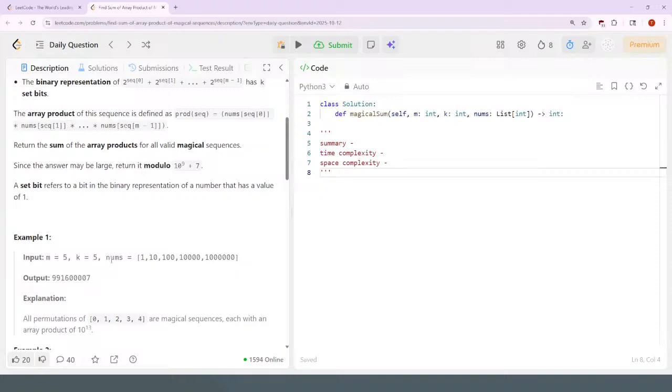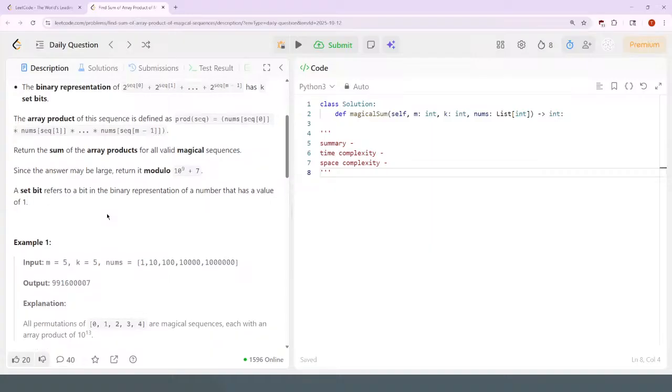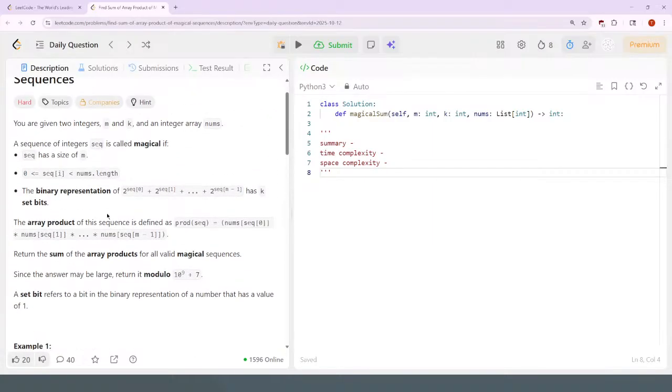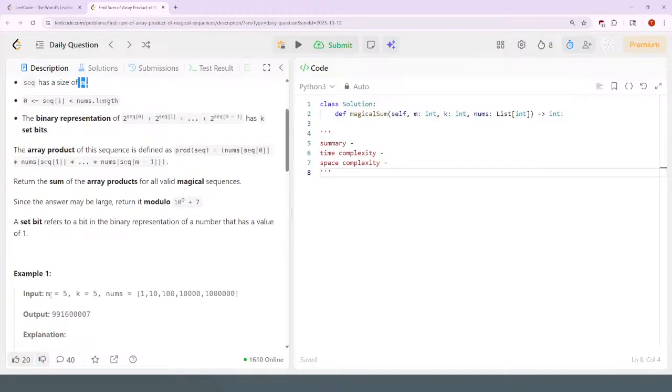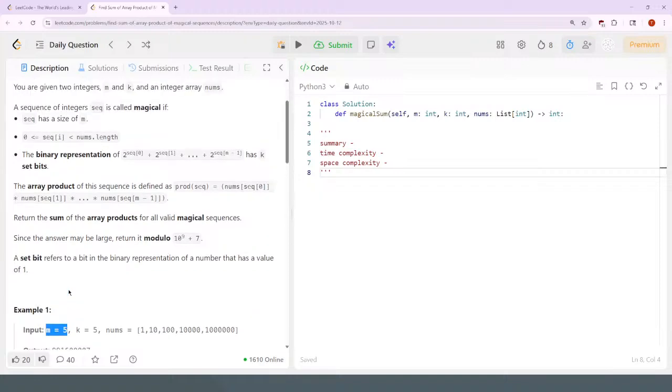So all permutations of 0, 1, 2, 3, 4 are magical sequences, each with an array product of 10 to the 13th. Oh my god, what is going on? A sequence is magical, so the sequence has size m, so each sequence has to have five things in it.